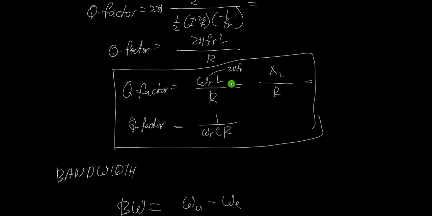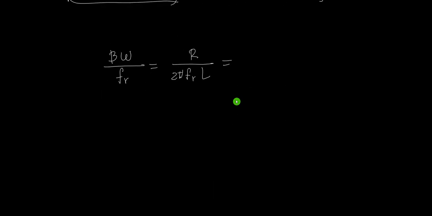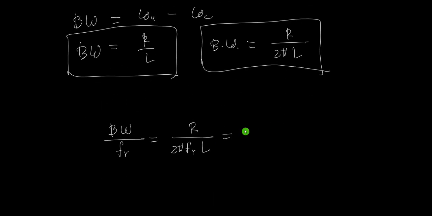So 2 pi FR times L all over R. So if you inverse that, that will be equal to this. So this is just equal to 1 over the Q factor.